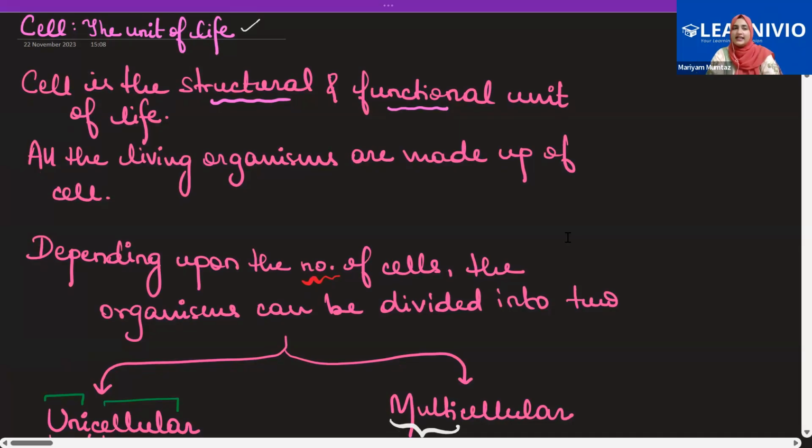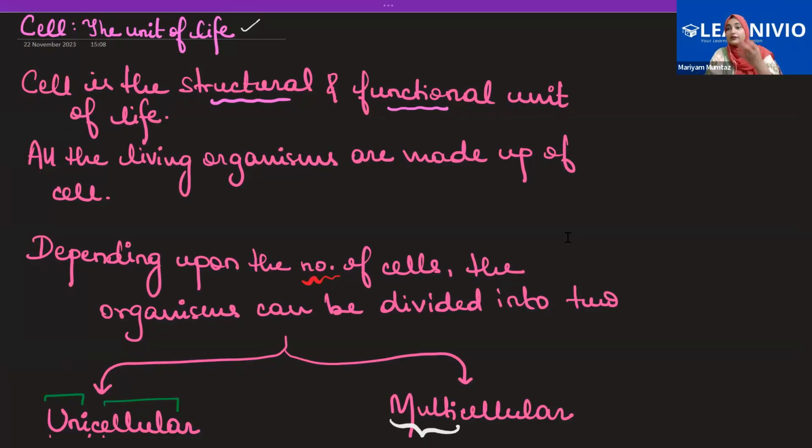So the cell is called the unit of life or the fundamental unit of life. There are actually two reasons for it. The first reason is that the cell is the only component of our body which is capable of independent existence, meaning it doesn't need anything else to exist.